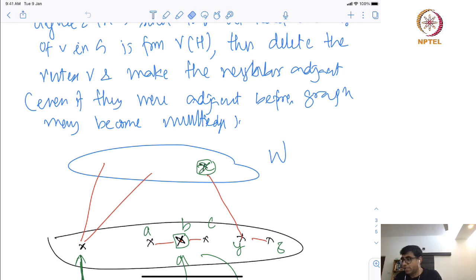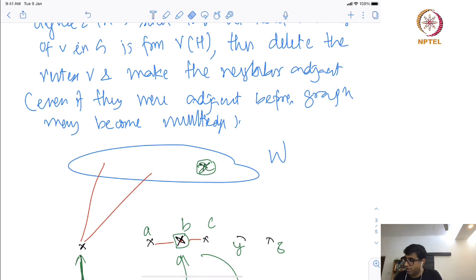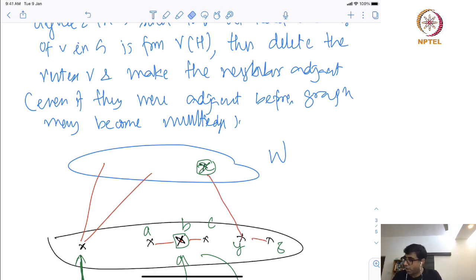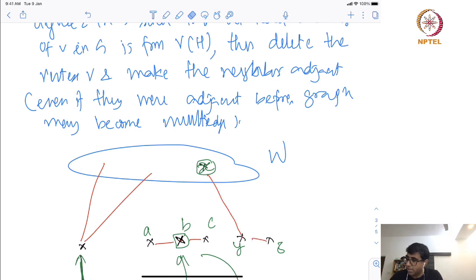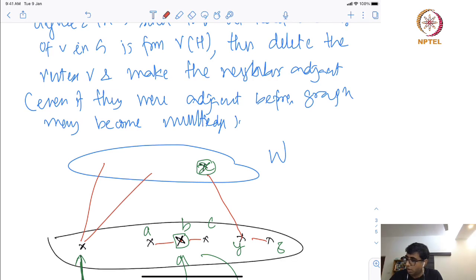Because every cycle that passes through Y also passes through X and Z. And although X is not allowed to be picked, you can pick Z into your solution, right. Similarly, you can delete B, and every cycle that passes through B also passes through A and C.